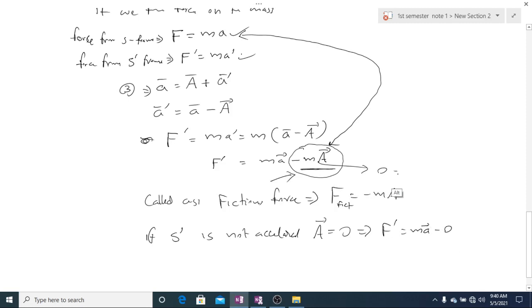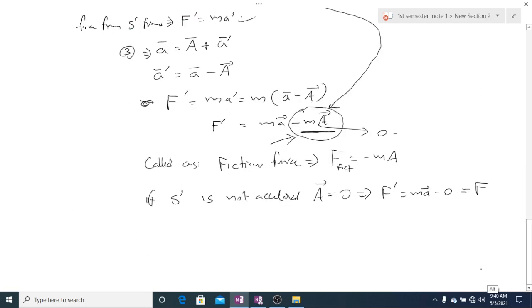Only this remains, which is just equal to F. That is, force measured from both coordinate systems will be the same. That's why the force that comes due to the acceleration of the second frame is called fictitious force.